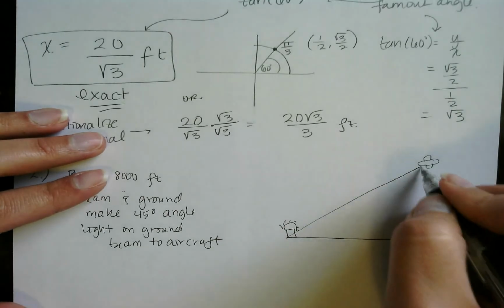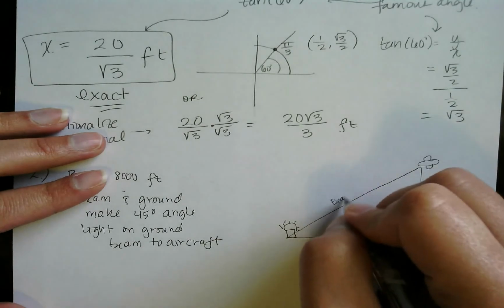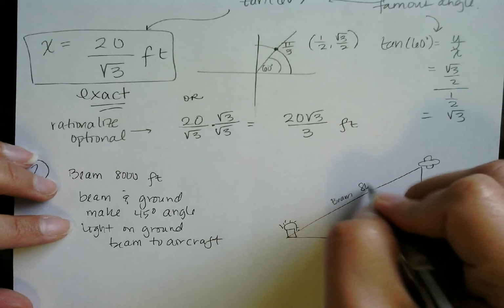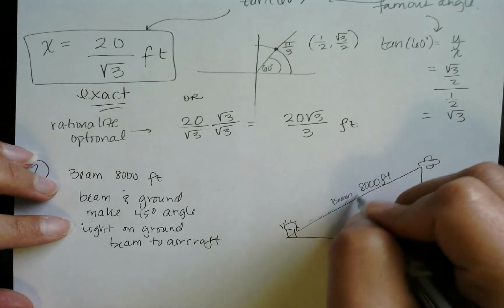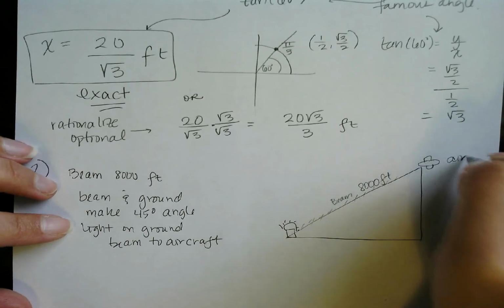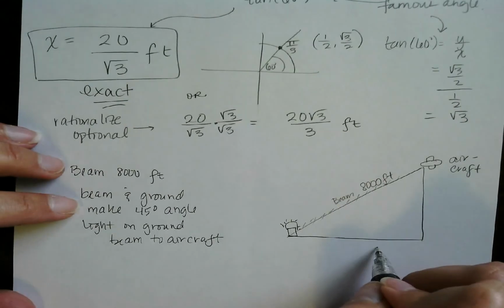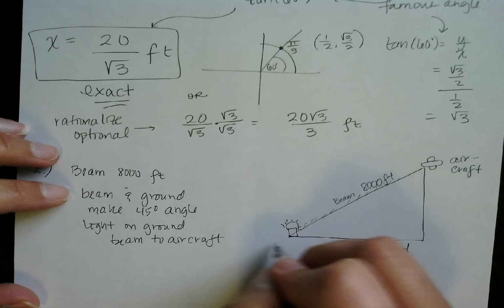Okay. So this is the beam. And it says the beam is 8,000 feet. Okay, it's a beam. This is my aircraft. Okay, this is the ground. Alright, this is my light.